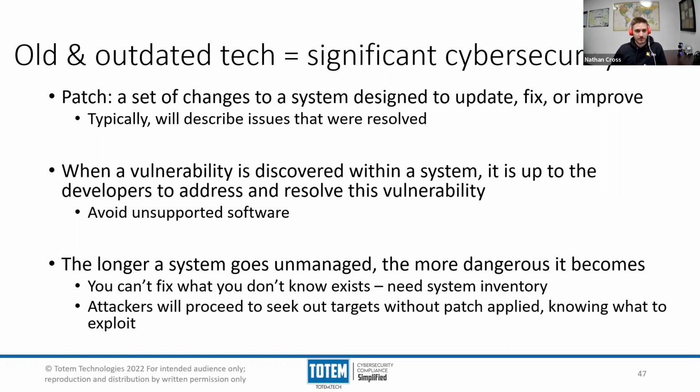The truth is, as we talked about, you cannot fix or patch what you don't know exists. And so we need a system inventory. We need something to manage all this information, because the longer our IT assets go without us knowing that they're there, without us managing them, the more dangerous they become.